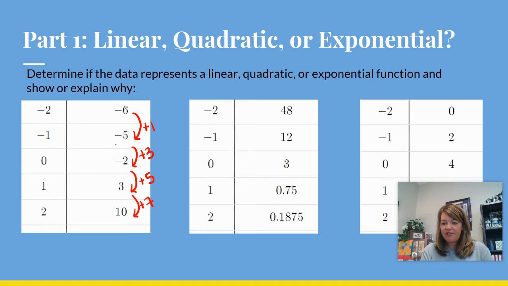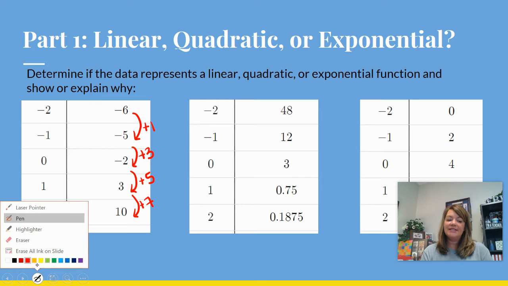Now, I could have also checked the ratios, which would have meant I would have wanted to check to see if I could multiply this way times the same number to get to the next number. But that's not going to do us any good here because I can't multiply -6 times anything nice to get to -5. So I went ahead and did the differences, and there's nothing consistent happening here in the first round of differences.